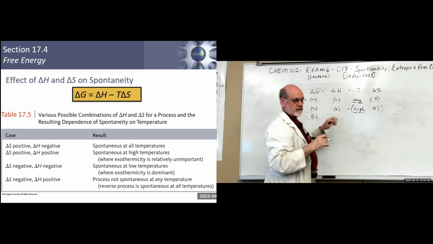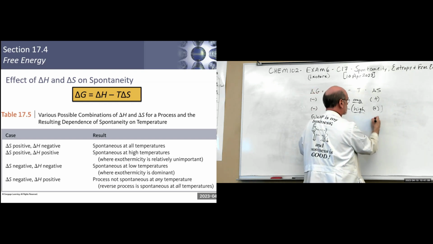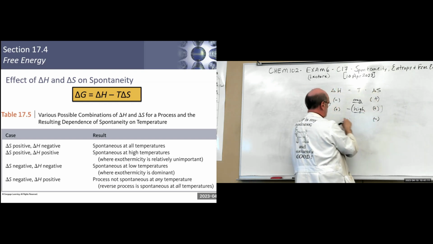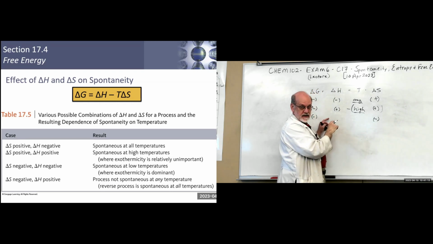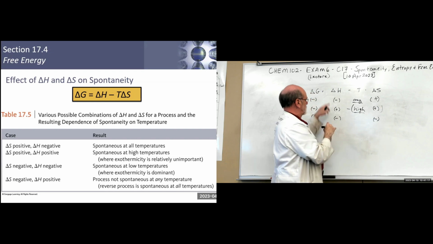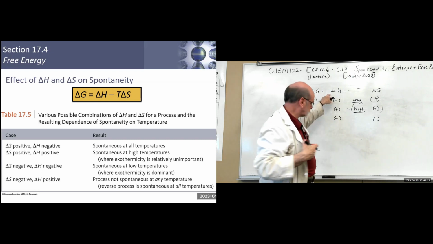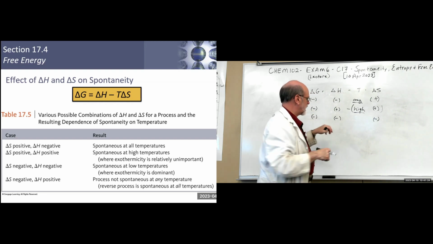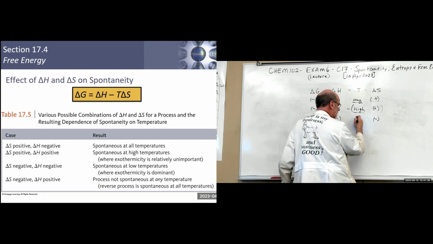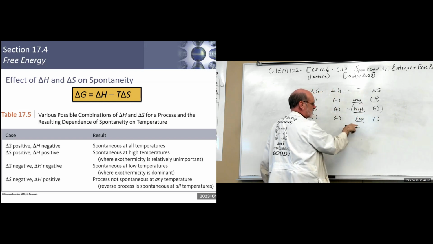Under what conditions would be the other direction? A negative here for entropy, and a negative here for enthalpy. Under these conditions, where you have both negatives, now you need to minimize the effect of entropy.